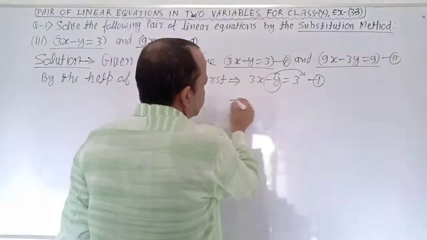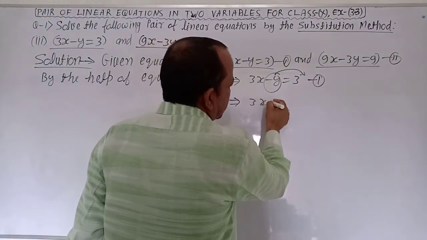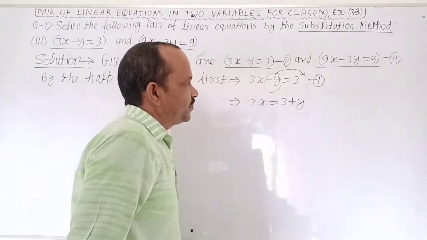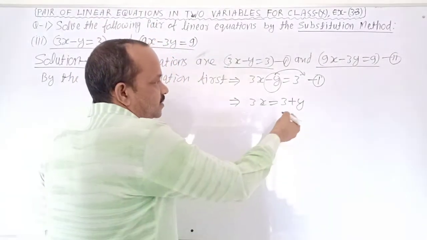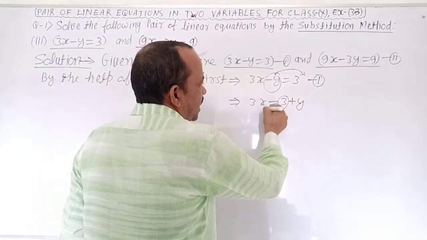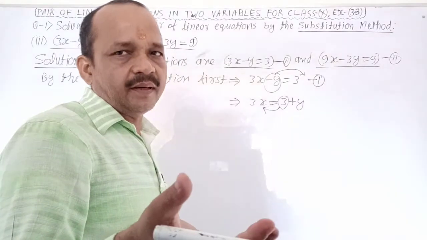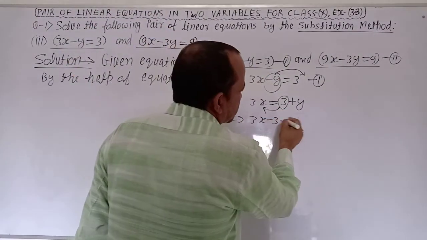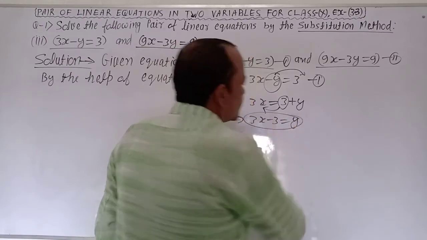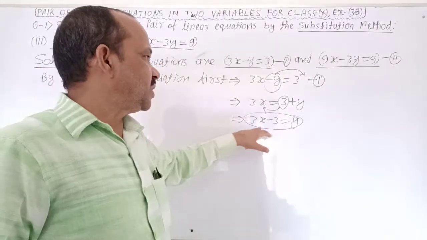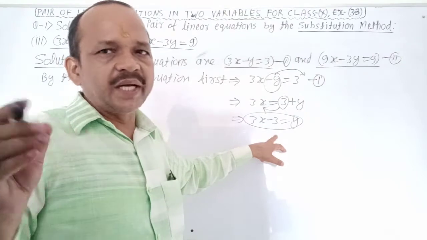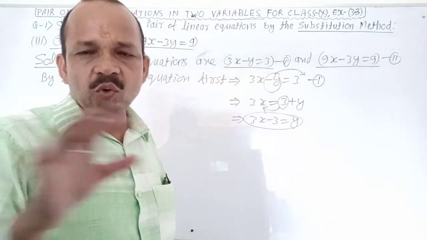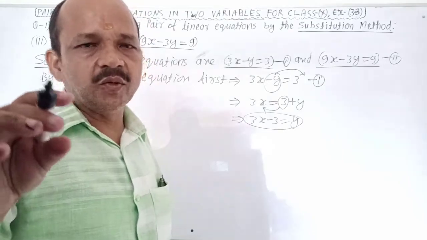It becomes 3x equal to 3 plus y. You write 3 on the left side of equal, it becomes 3x minus 3 equal to y. You find y equal to 3x minus 3 by the help of equation first. It is clear. Very good.